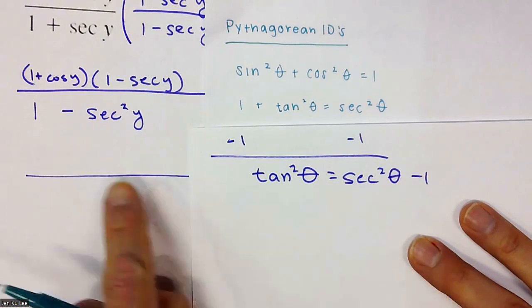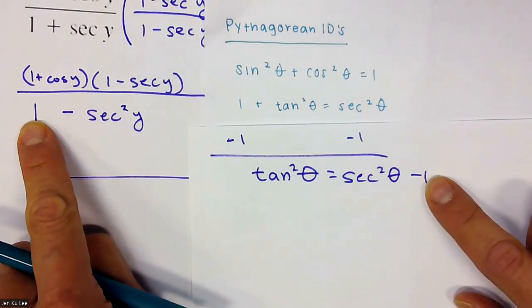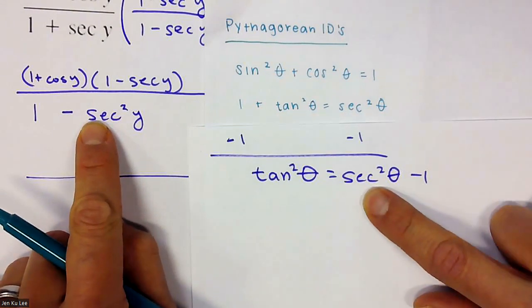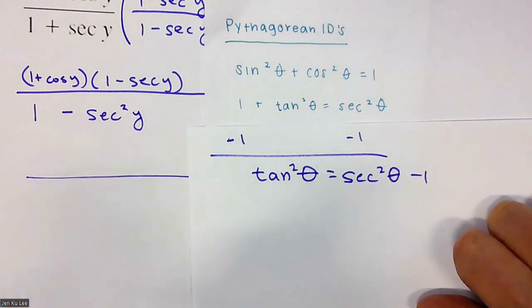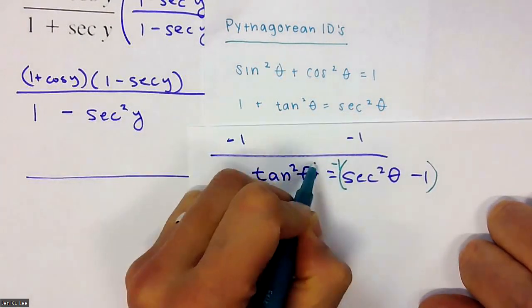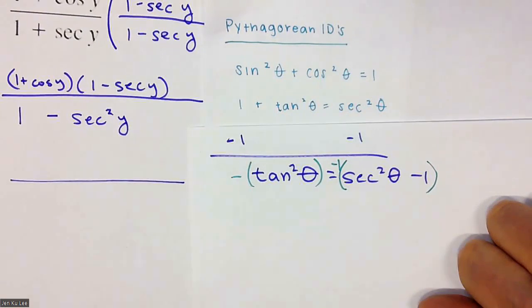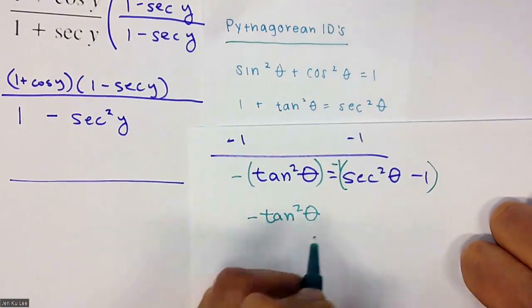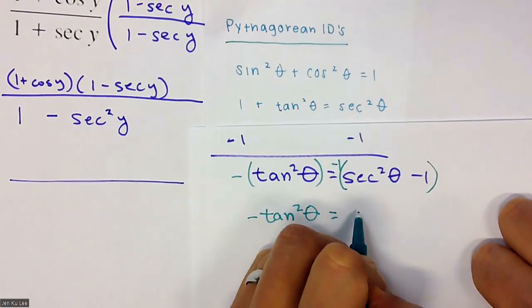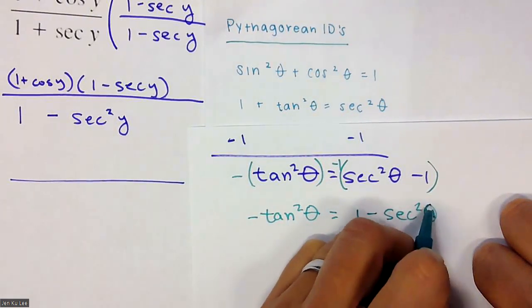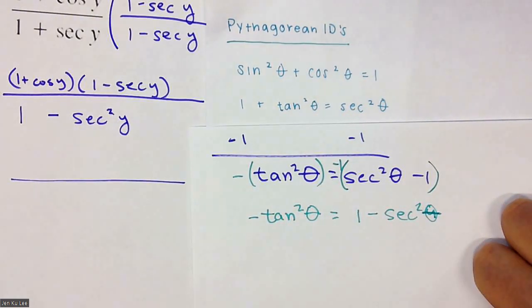It's the opposite. Positive 1, negative secant squared, positive secant squared. I'm going to multiply by a negative 1. So this would be negative tangent squared theta equals 1 minus secant squared theta, right?